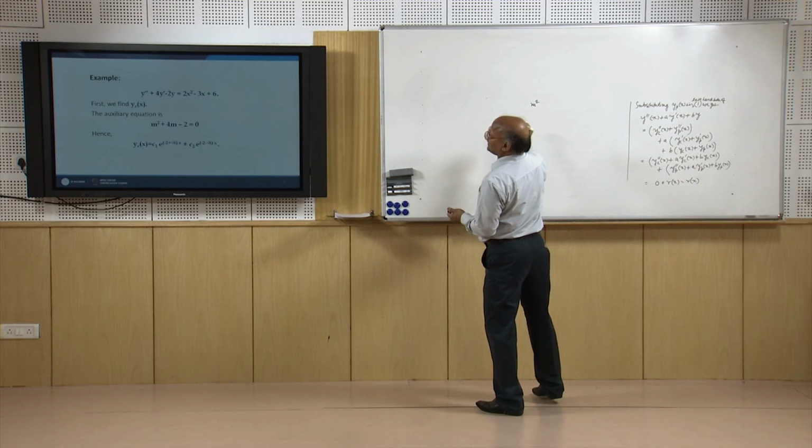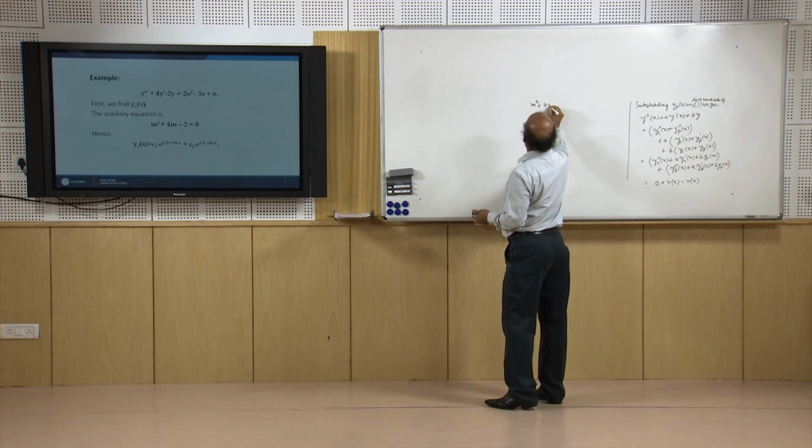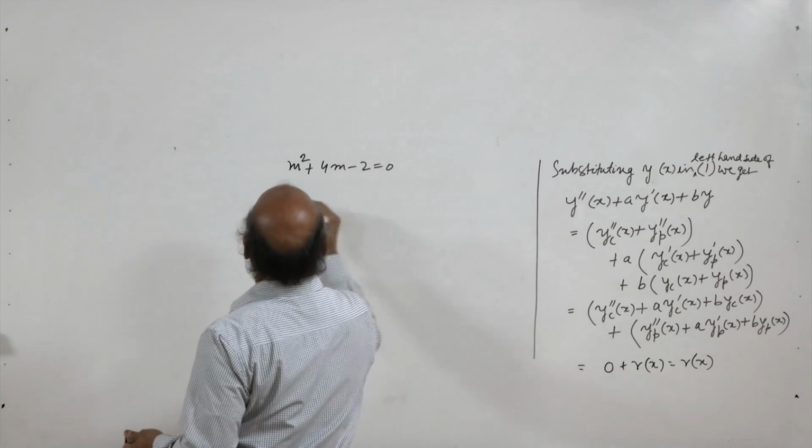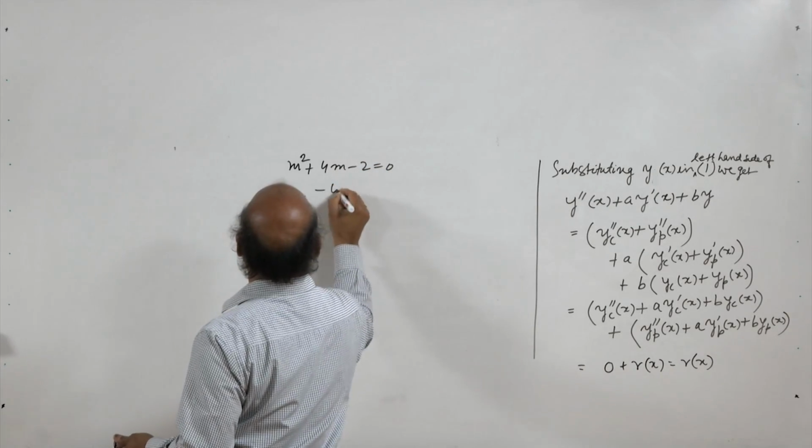To find y_c(x), we write the auxiliary equation m square plus 4m minus 2 equal to 0. We can find the value of m for this.